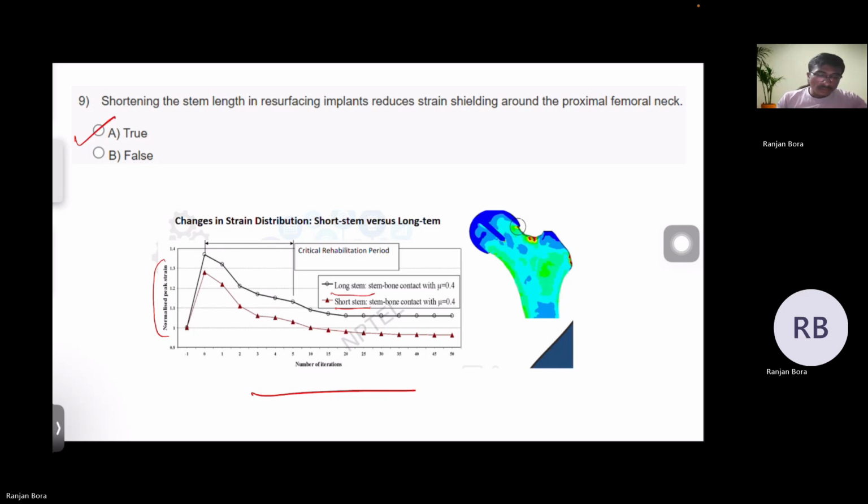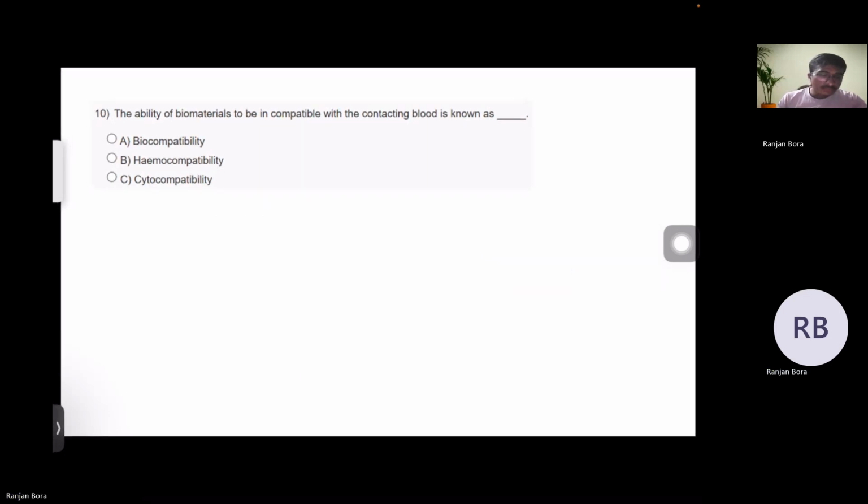Okay. Coming to the next question. The ability of biomaterials to be incompatible with the contacting blood is known as. So here three terms are given: biocompatibility, hemocompatibility, and cytocompatibility.